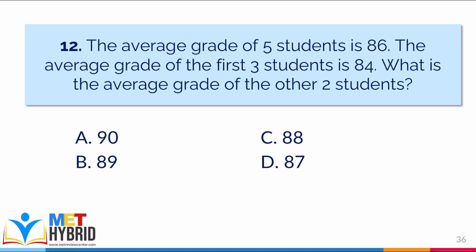Question number 12. The average grade of 5 students is 86. The average grade of the first 3 students is 84. What is the average grade of the other 2 students?